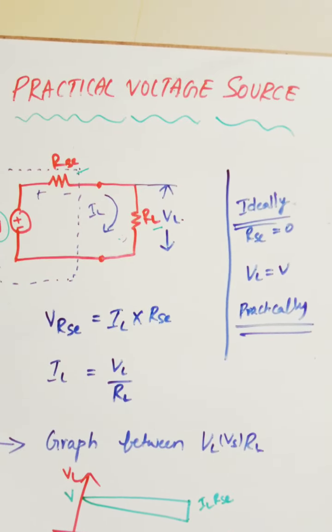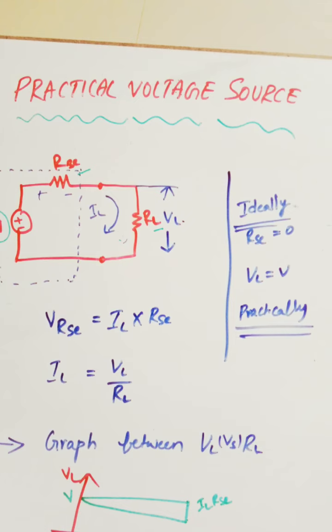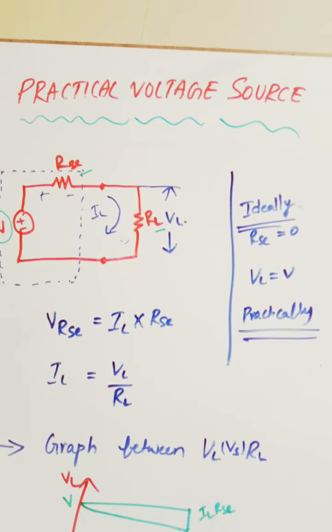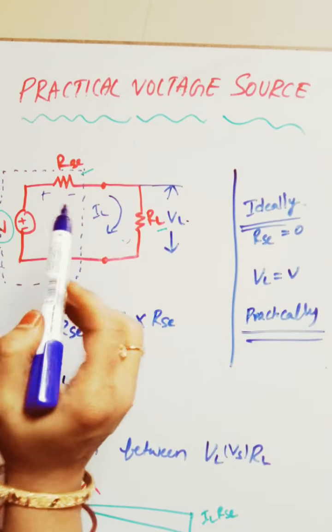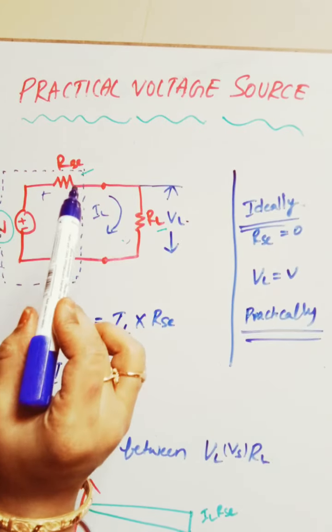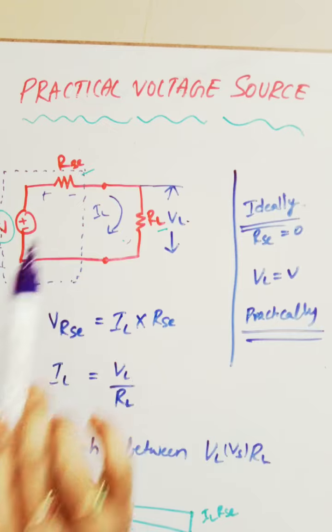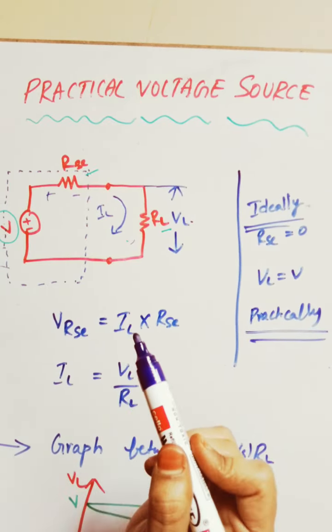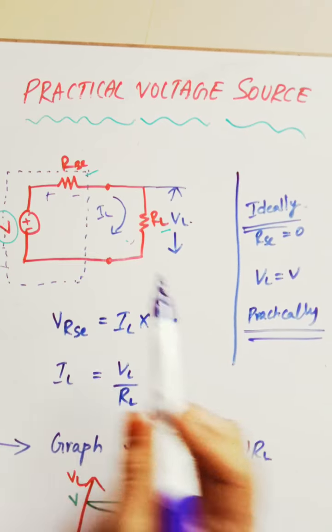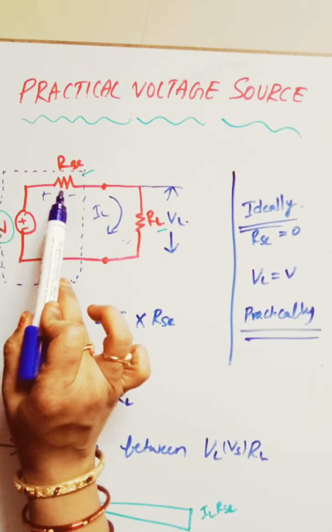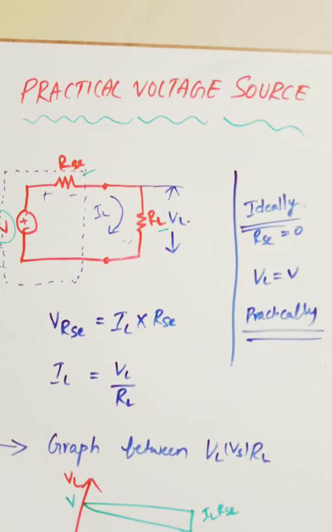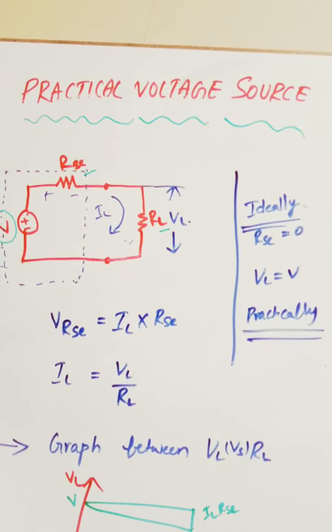Practically it is not possible because every voltage source and every battery will have some small resistance connected in series with the voltage source. It is very difficult to avoid RSE. Practically RSE is very small.